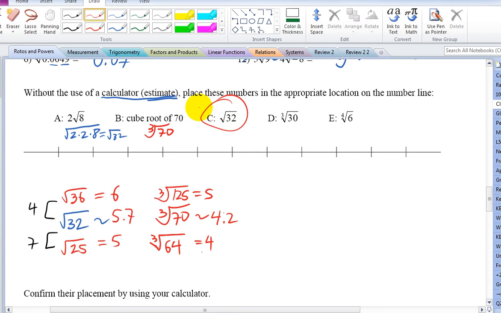Do we know this one already? Yeah. A and C are in the exact same spot. Okay, what about cube root 30? Well, cube root of 3 is 27. So what's the cube root of 4? 64. So what do you think this one should be? Jesse?